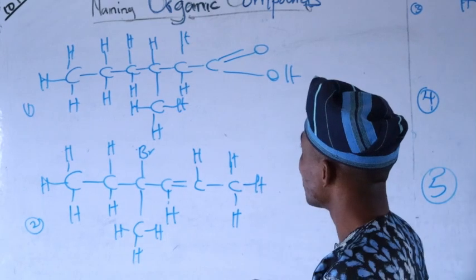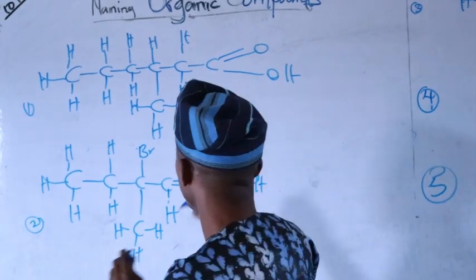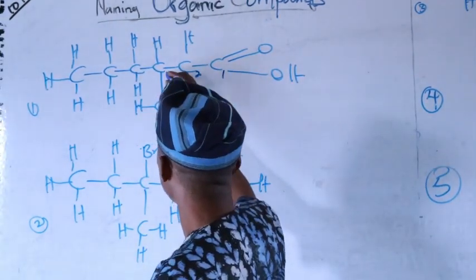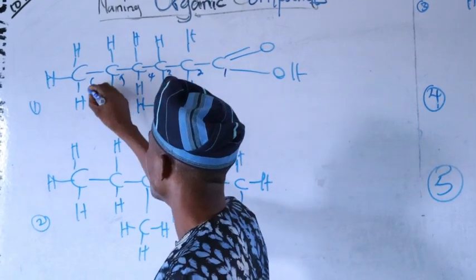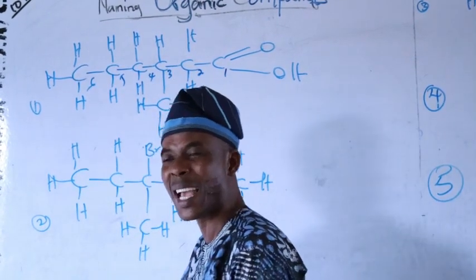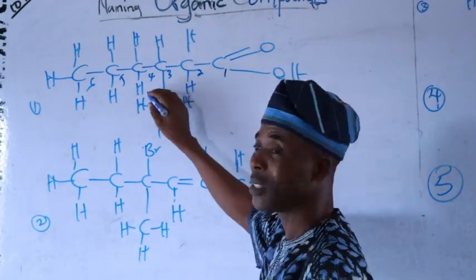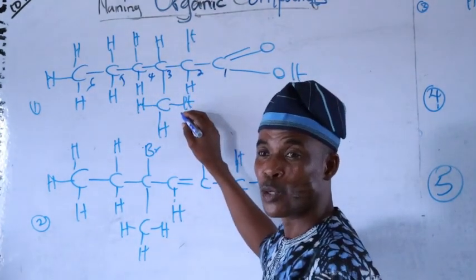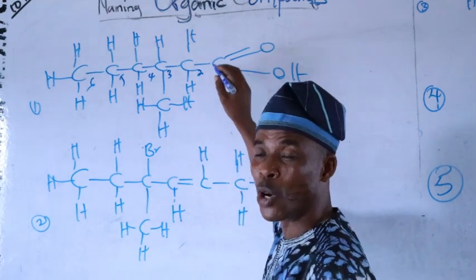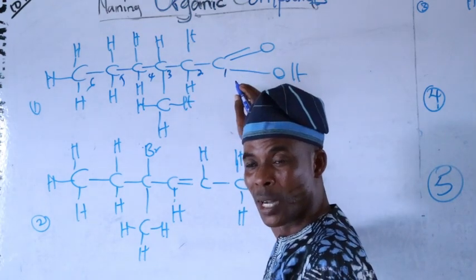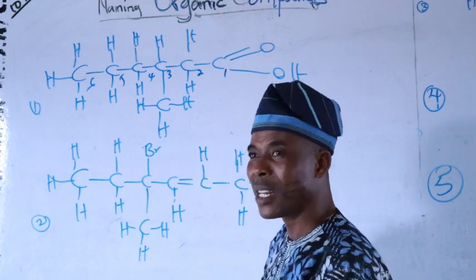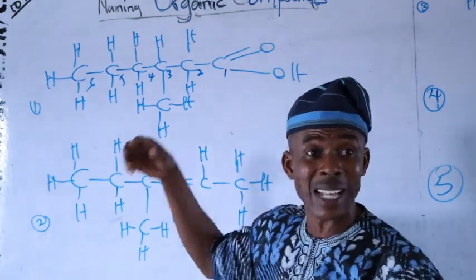If you look at this, this is the first carbon, right? Carbon number 1, 2, 3, 4, 5, 6. That makes it hexanoic acid. But at carbon number 3, there is a methyl group. You don't need to tell us hexan-1-oic. No. The carboxylic acid is always at the terminal.